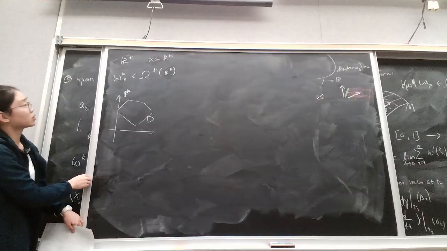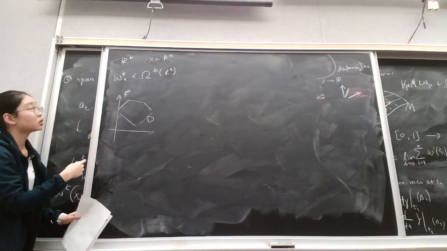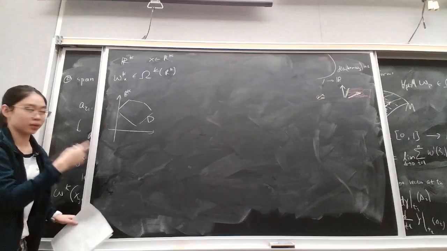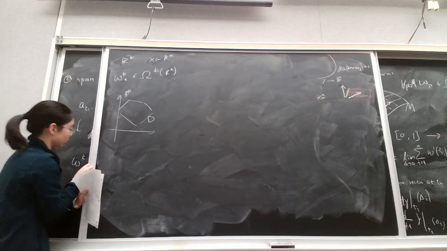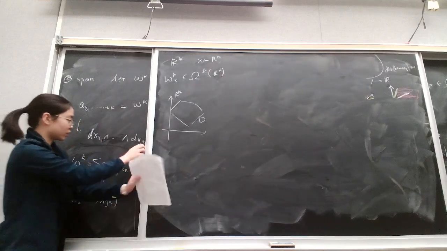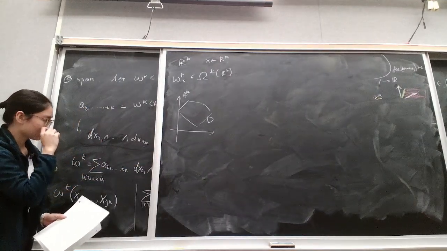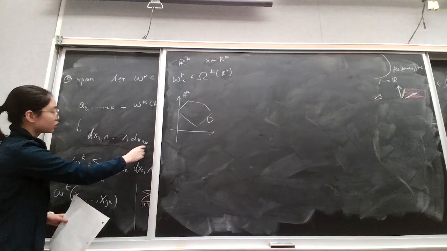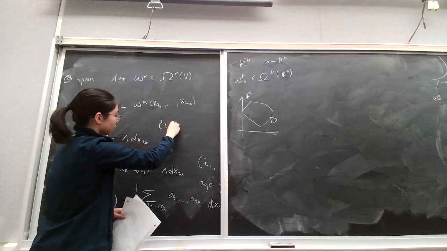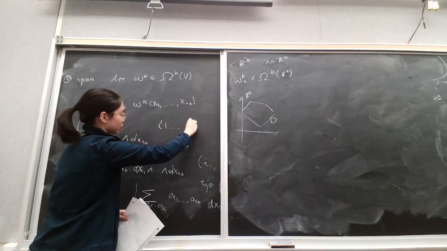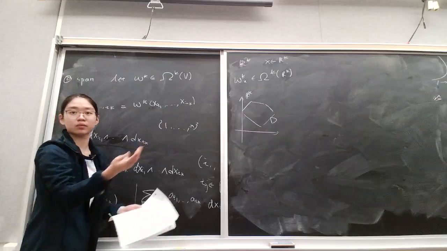Because here the dimension of the form is equal to the dimension of the space that we're in, we only have one choice of this k tuple, because all of these numbers are chosen from 1 up to n. But in this case n is equal to k, so we have no choice.